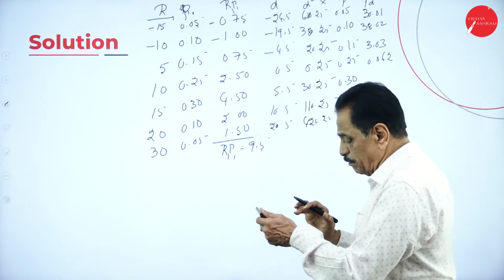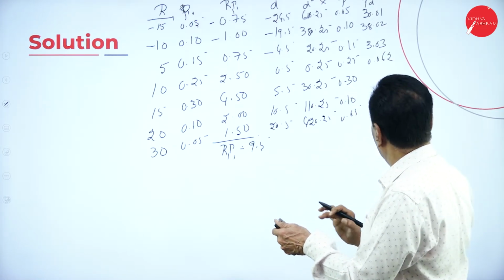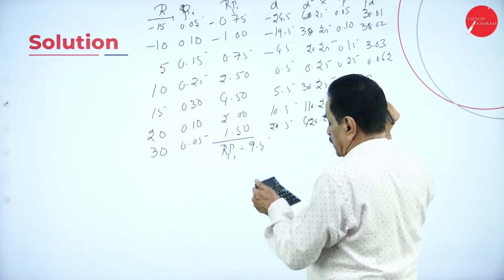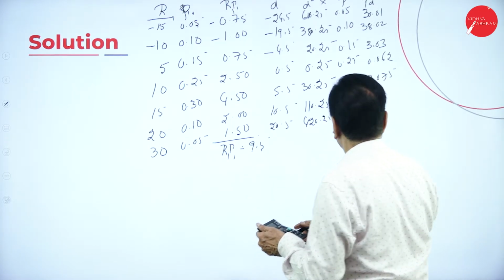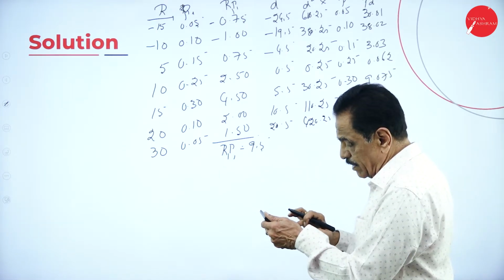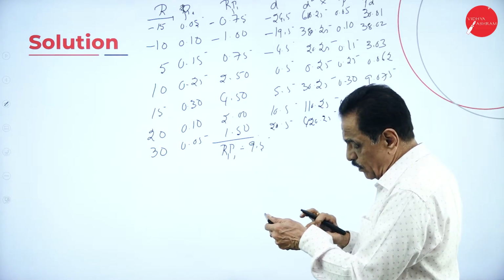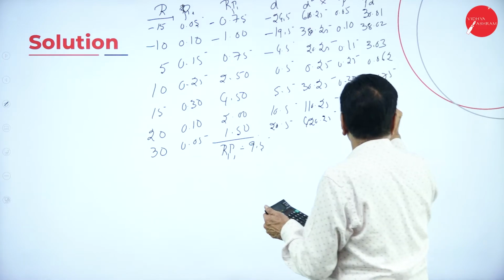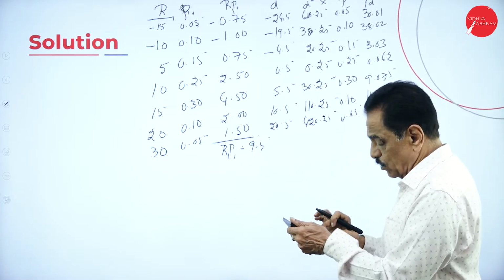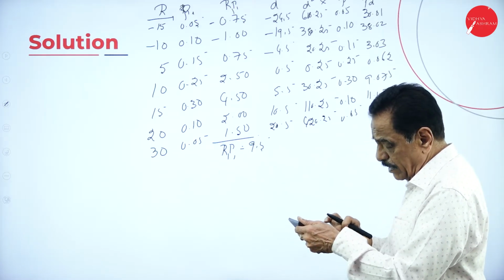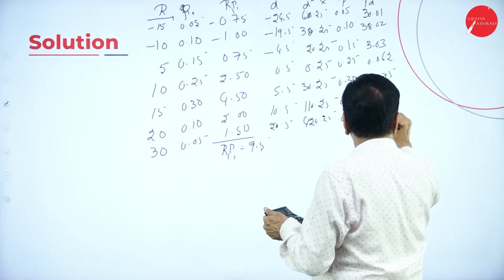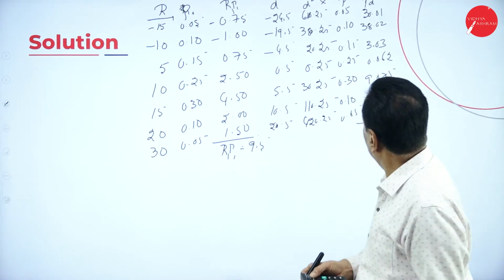Then 30.25 into 0.30, 9.075. 110.25 into 0.10, 11.02. 420.25 into 0.05, 21.01. This is your PD square.